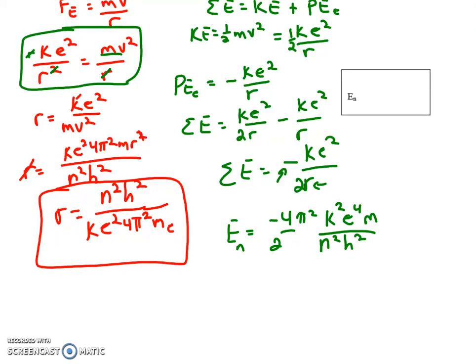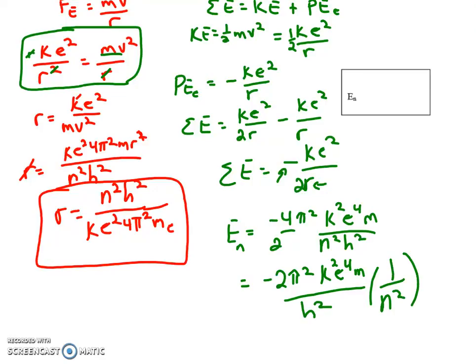Okay, let me rewrite that a little bit differently, and I'm just about done. Negative 4 over 2, so this becomes negative 2 pi squared K squared E to the 4th M all over H squared times 1 over N squared. I'm just separating out there. And there you go.